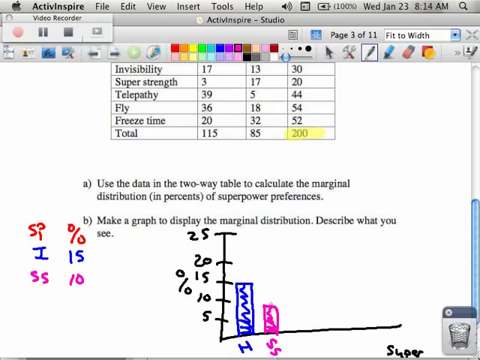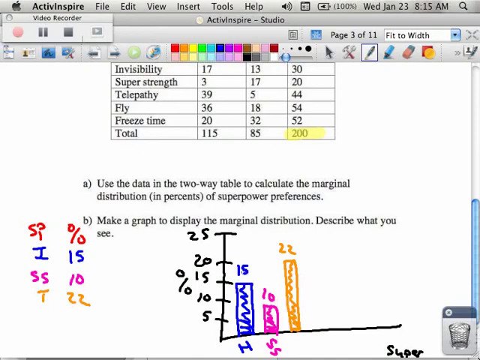And then the third one is telepathy. And that's 22%. 22, thank you, 22%. And again, if I want to, I can write these at the top of the bar so that there's no mistake what's going on with my bar graphs. Here, talking about the distribution.